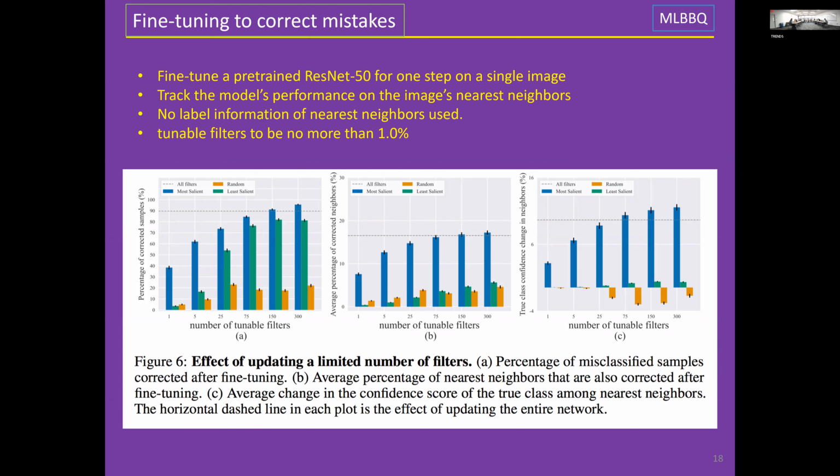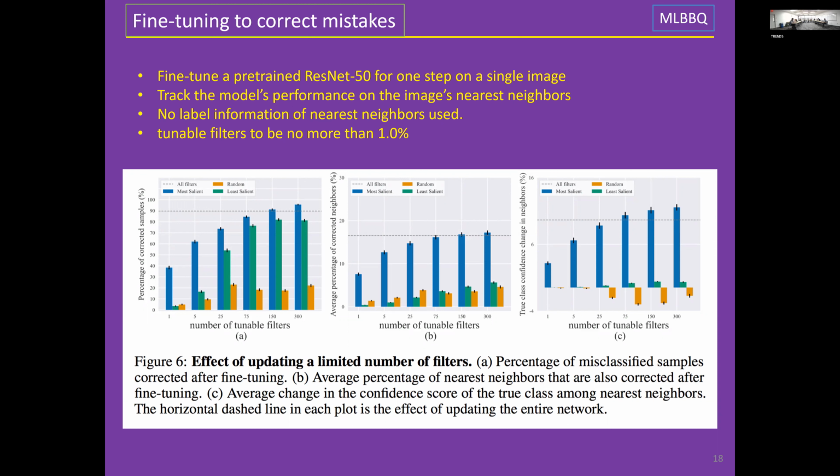And now they are showing that updating for only that single sample improves the classification performance for the nearest neighbor samples. That is what they are showing. Any question at this point?